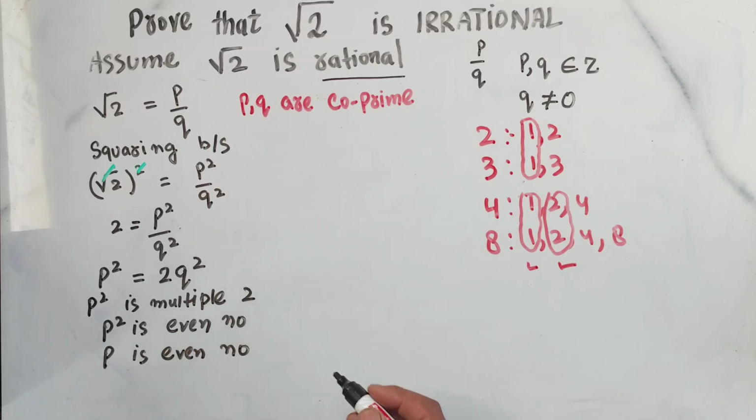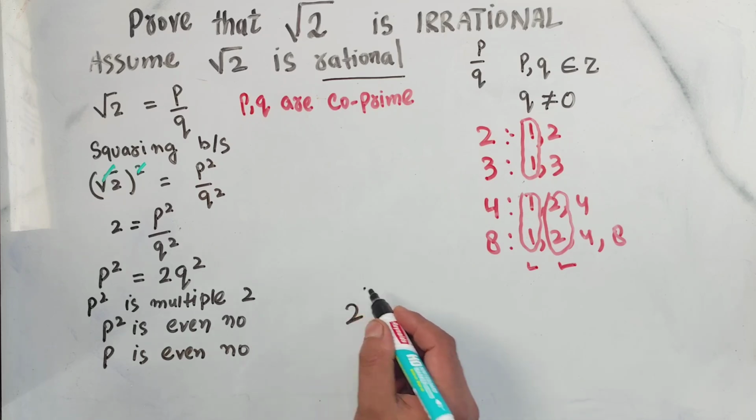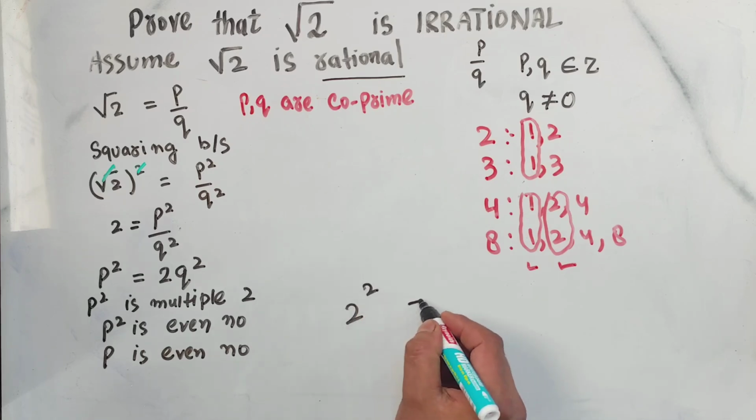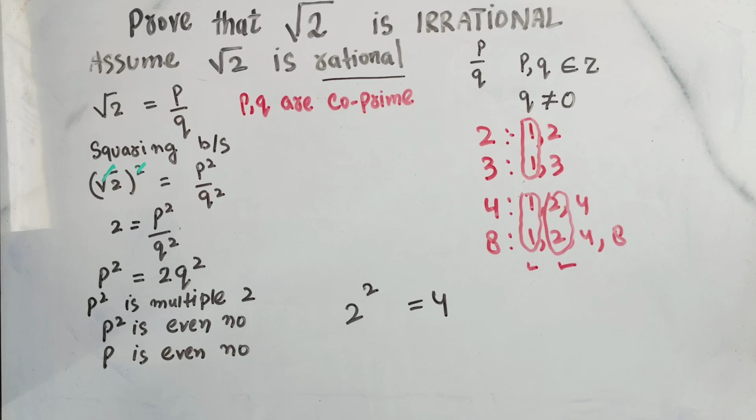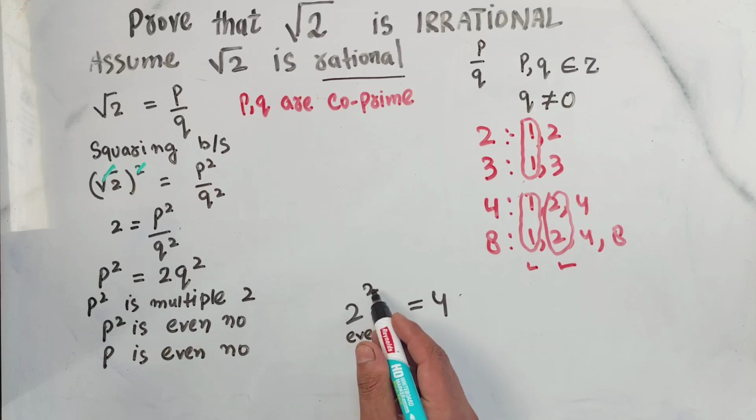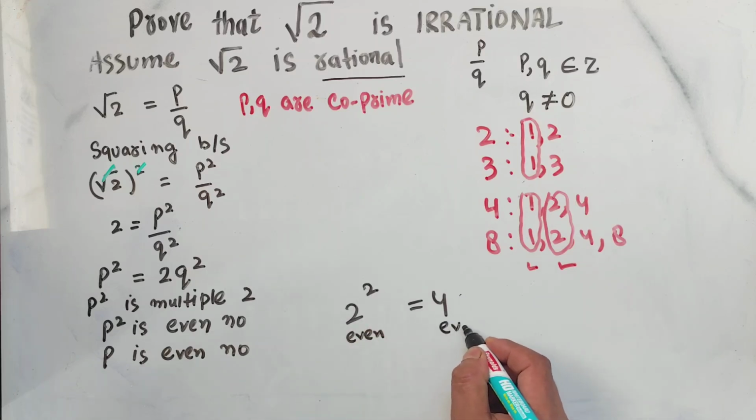Why? Let me explain it here. Let us say we have 2 square. So square of 2 is equal to 4. The square of an even number is also an even number. That is, 2 square is equal to 4. 2 is even, and square of even is also even.